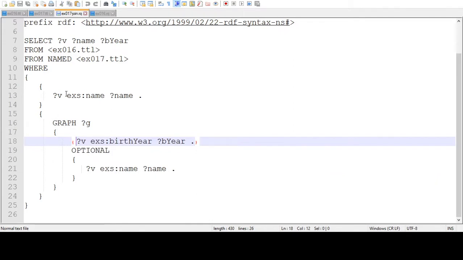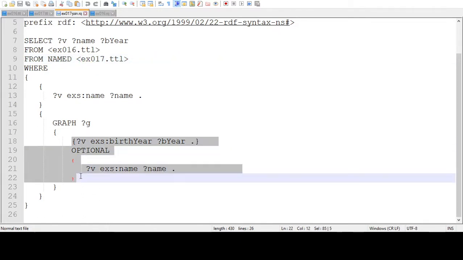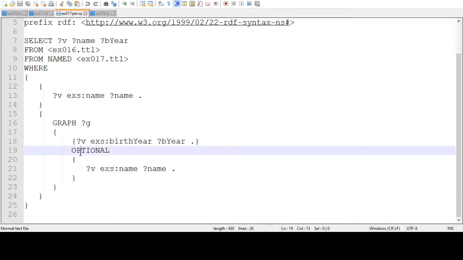And we are using graph, and we have used the named representation of EX017. So that means only the triples from EX017 will be participating in matching this, right? But the triples from this will not be coming here, right? And this I have done with a purpose.